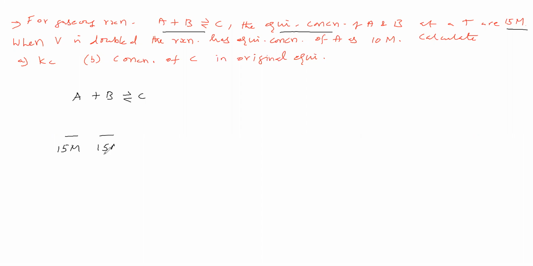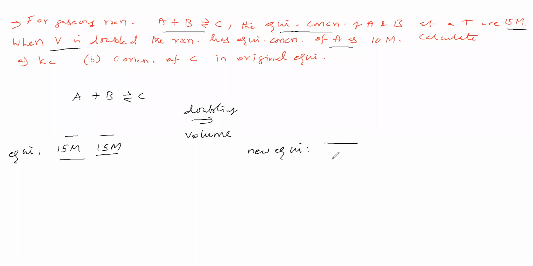Now when the volume is doubled, the reaction has an equilibrium concentration of A of 10 molar. We are doubling the volume, therefore a new equilibrium is attained. In the new equilibrium A is 10 molar.